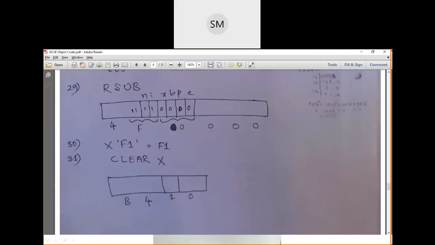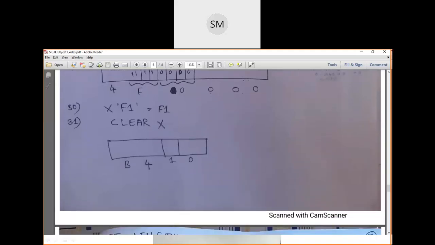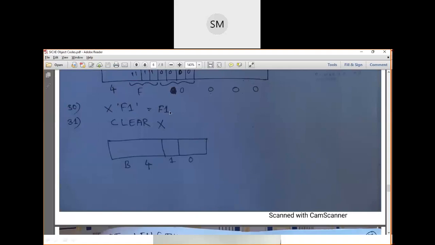Then the RSUB instruction, using format number 3. Since there is no memory reference here, I don't use base relative or program counter. Directly I write the address as 0000. Then X'F1': F1 is a hexadecimal constant, directly.